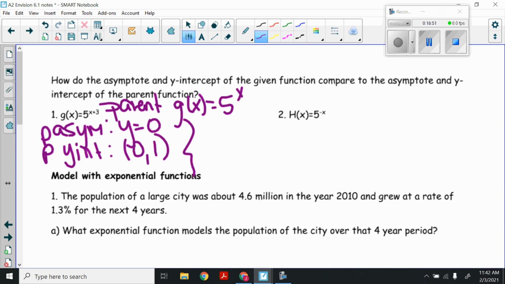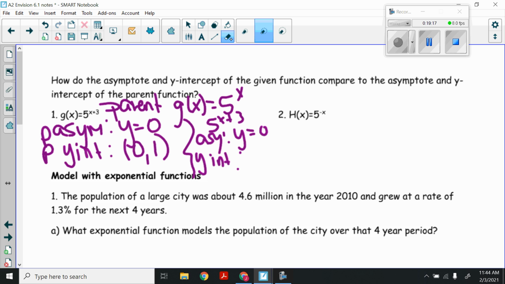So now the new one, 5 to the x plus 3, the asymptote. Again, what affects my asymptote? K value. I don't have a k value, so it's the same. It's still y equals 0. That didn't change. My y-intercept, though, let's go back to, I made a mistake there when I said that my y-intercept of the parent was 0, 1. Okay?